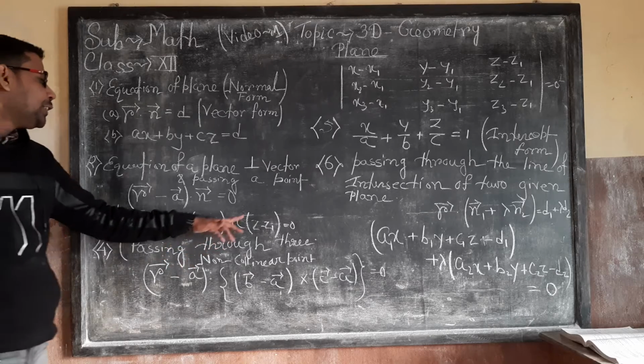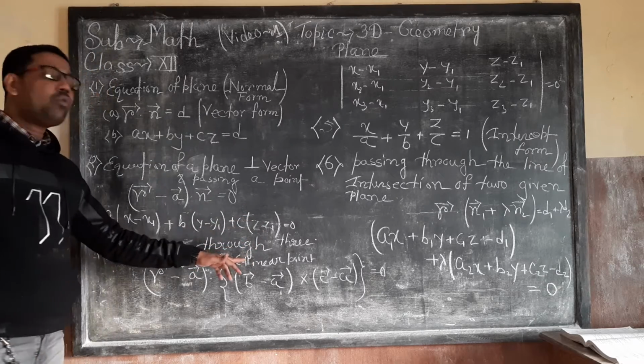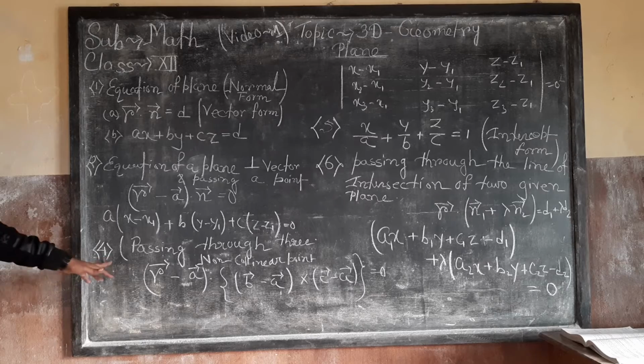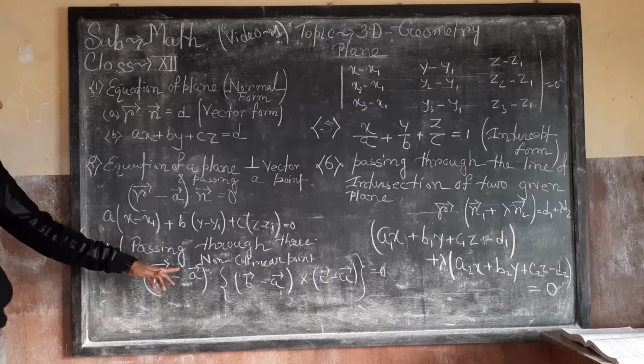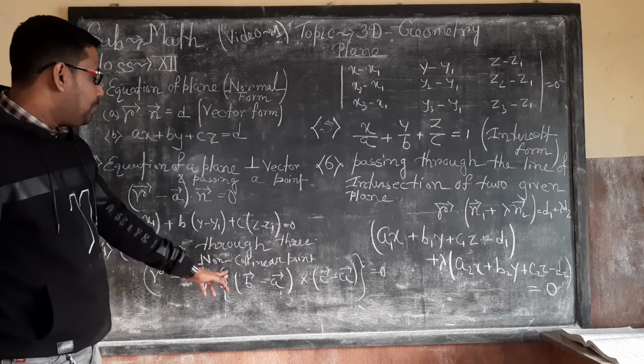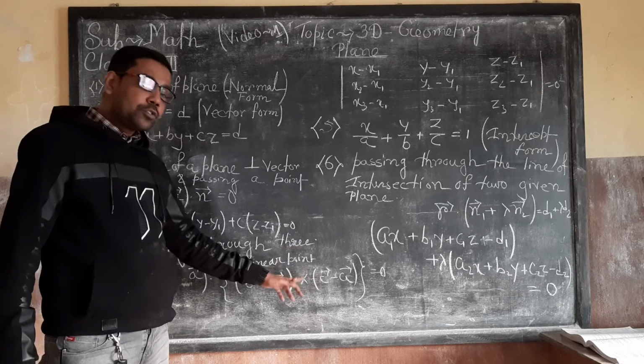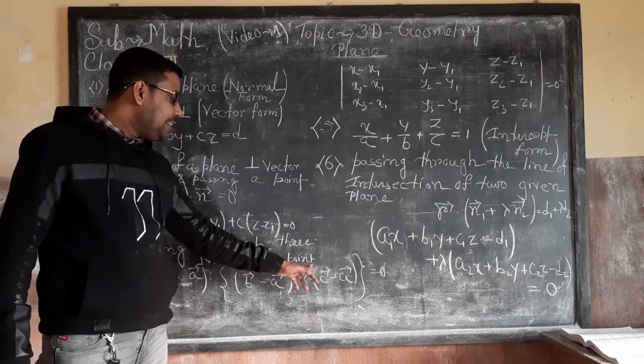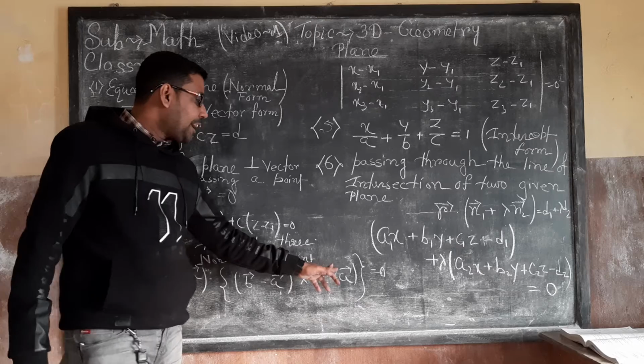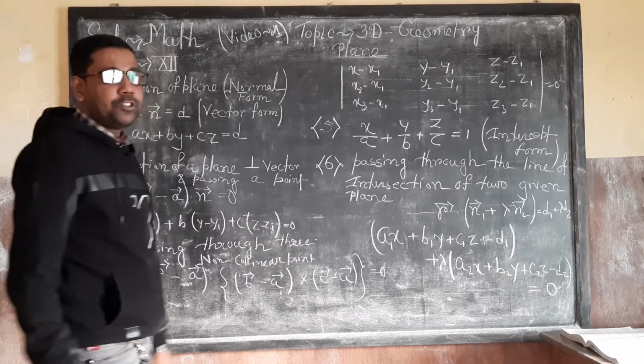Third, the plane passing through three non-collinear points. This time the equation is (r vector minus a vector) dot the cross product of (b vector minus a vector) and (c vector minus a vector) is equal to 0.